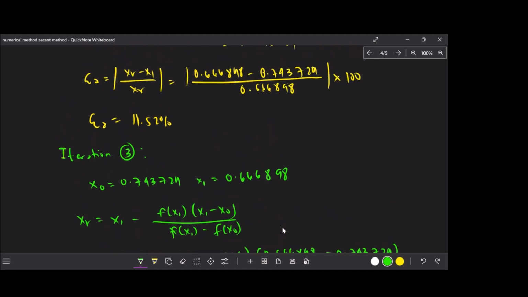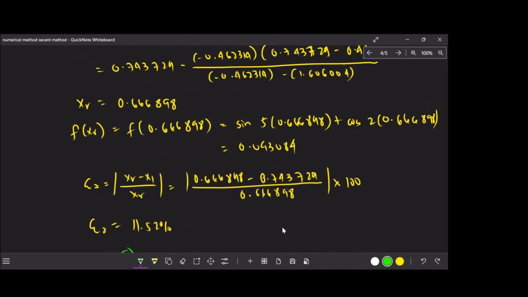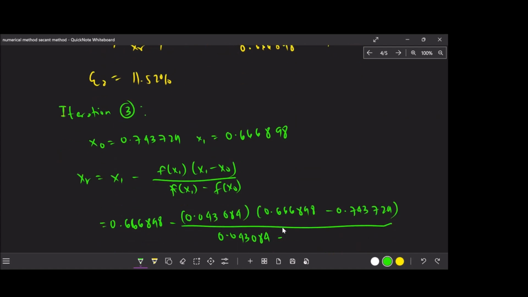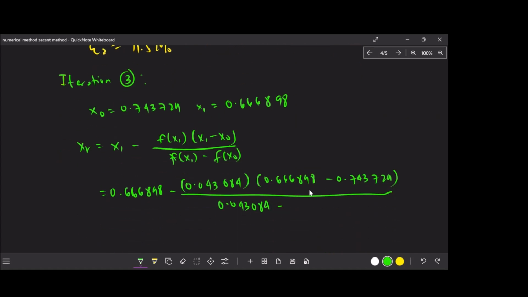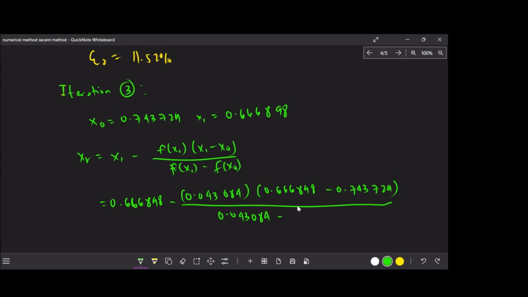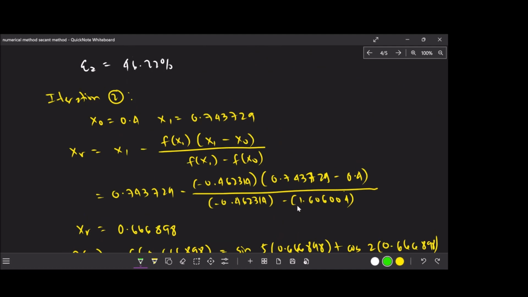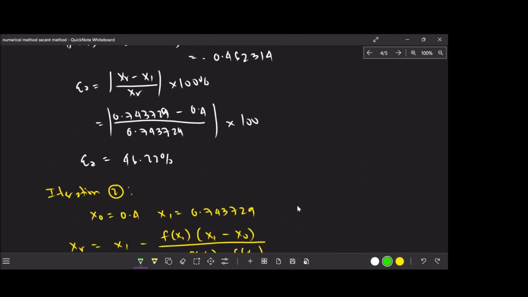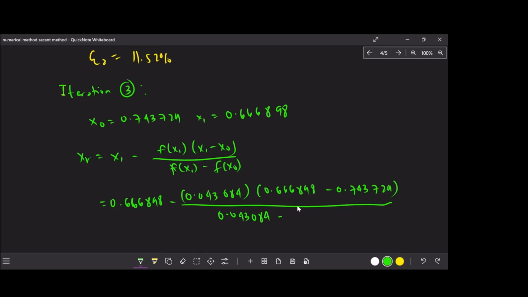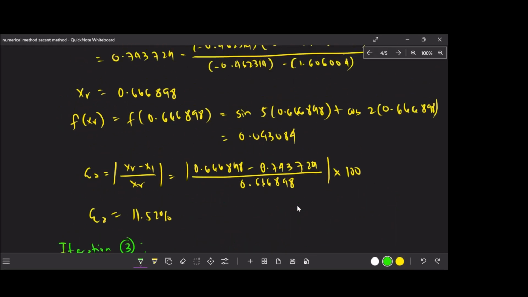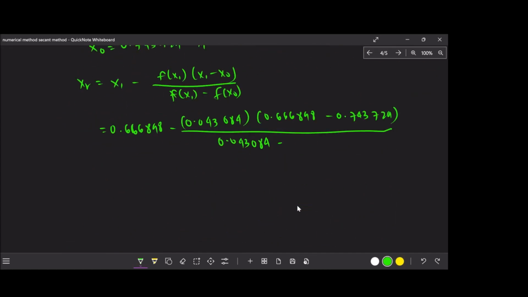So I think this is negative. Let's check. Is it negative? Okay, just check f of x0, or f of 0.743729. This is the negative, so negative 0.462314. Okay, so let's just check here.